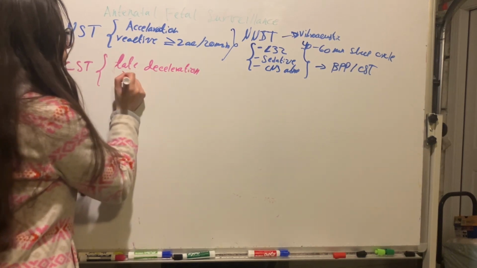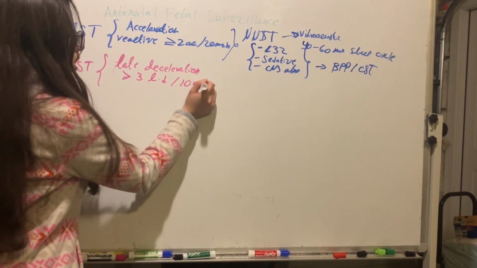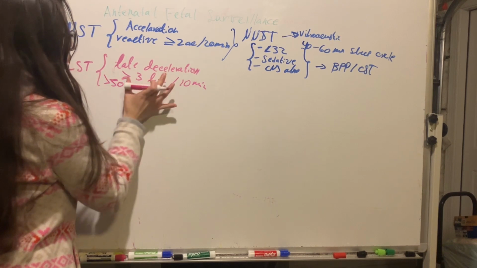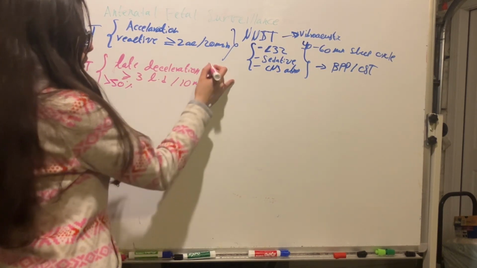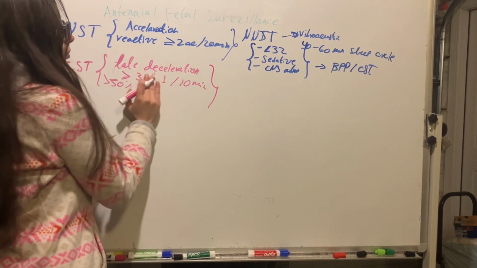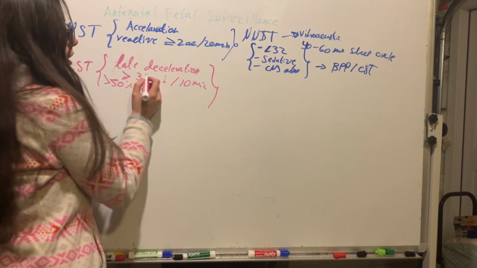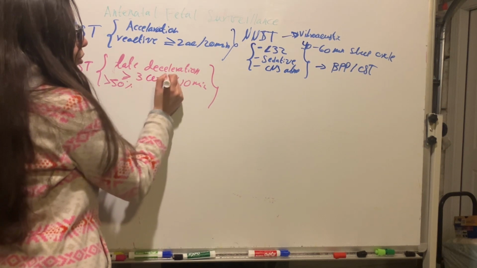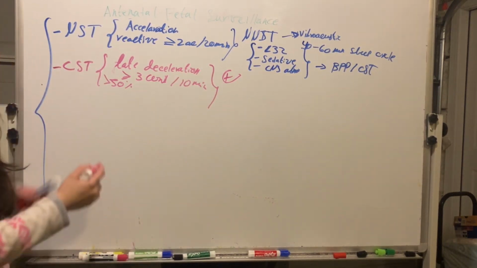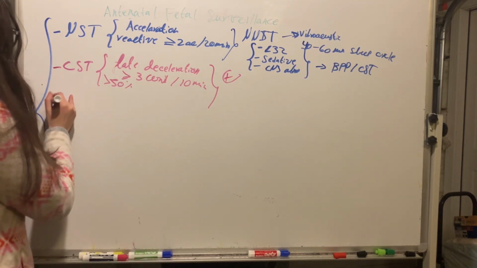If we have 3 or more late decelerations in 10 minutes, with more than 50% correlated with the contractions, this is a positive contraction stress test.